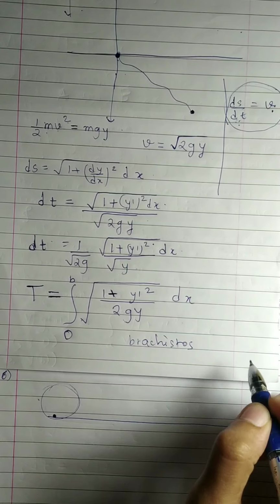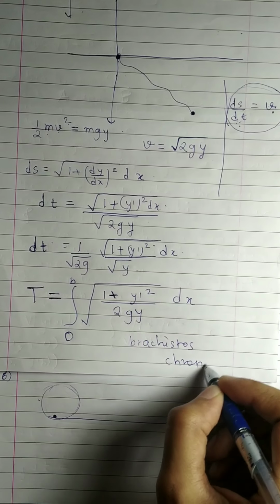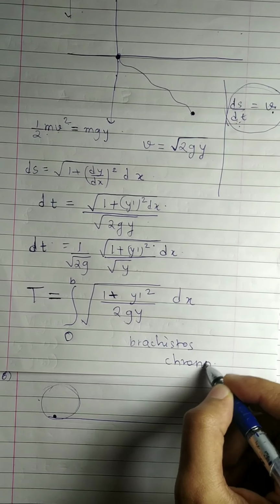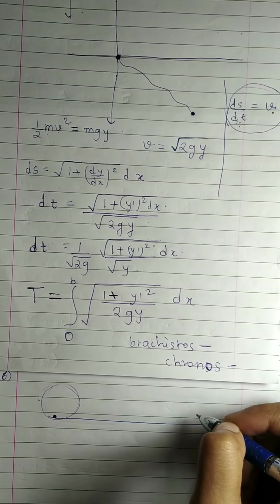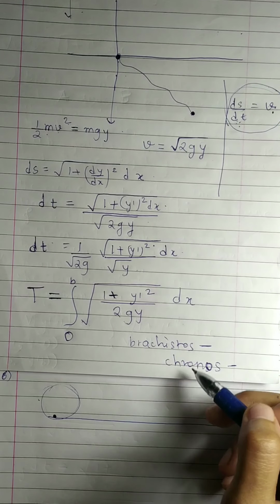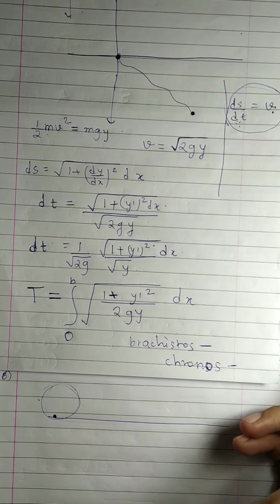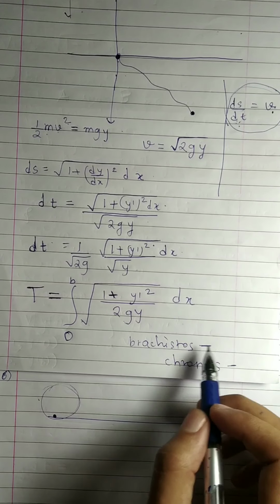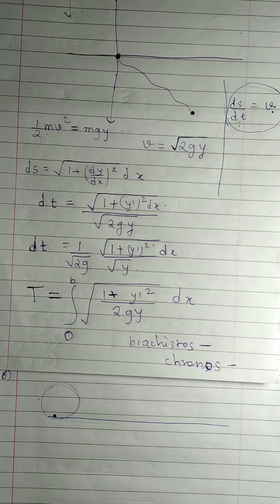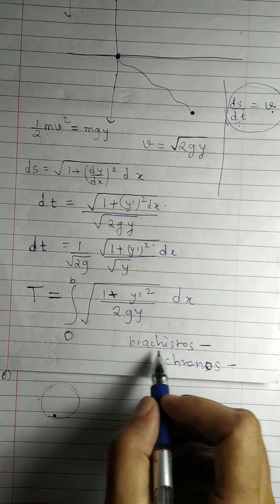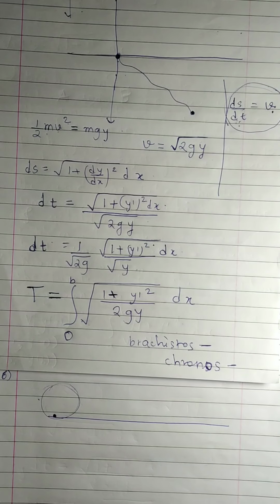Hence the Brachistochrone curve has a very verbal meaning. These words tell us the meaning of that curve.